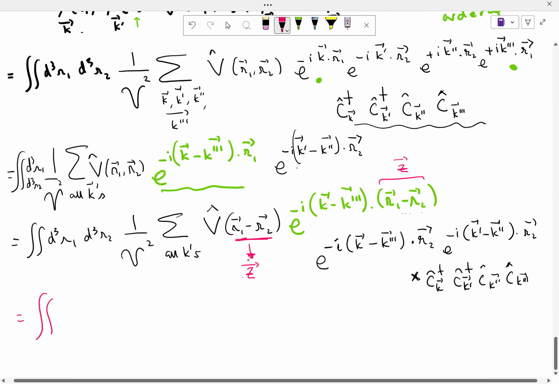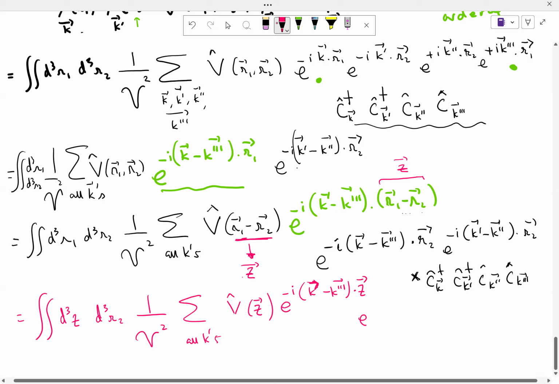So now I have a sum over d cube z in 3 dimensions and d cube R2, 1 over volume square, all k's, V, which becomes V of z, e to the minus i k minus k triple prime dot z, e to the minus i k minus k triple prime plus k prime minus k double prime with R2, c k dagger, c k prime dagger, c k double prime, c k triple prime.